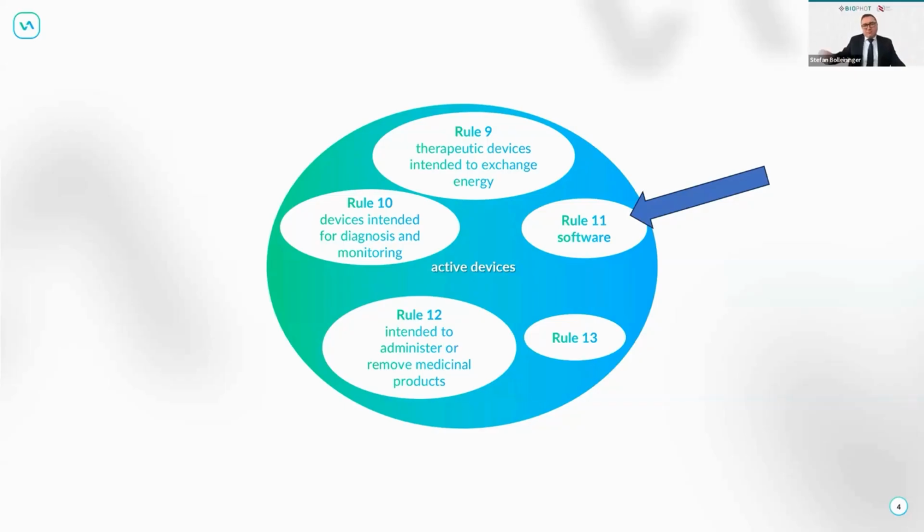Or Rule 9 could also be the one if it's a therapeutic device, like a cardioverter or a defibrillator or whatever kind of therapeutic device it can be. So that is something which is relevant for you. Then there are products which are external to that.